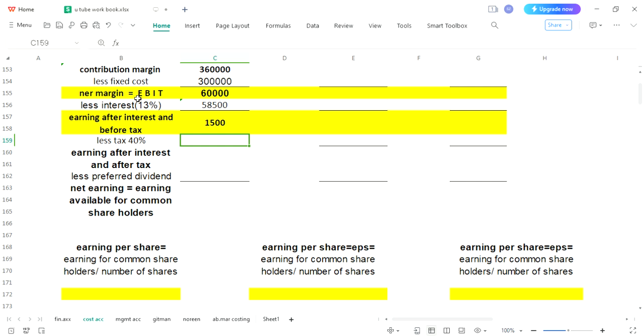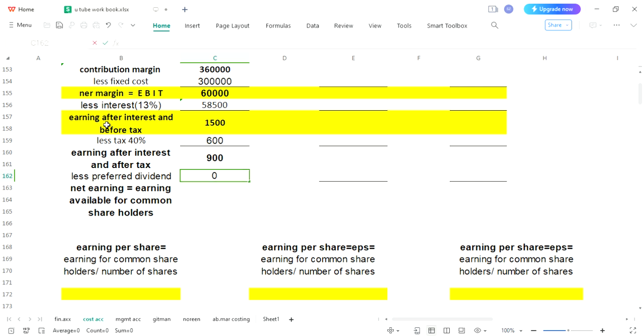Rate is 40%, previous earning 1500. So you will apply 40% as the rate of tax. 600 is your tax. Earning after tax would be calculated by subtracting tax from the previous earning. 1500 your earning before tax, and you will subtract tax 600. We have got earning after tax.